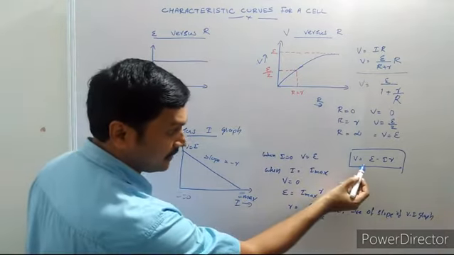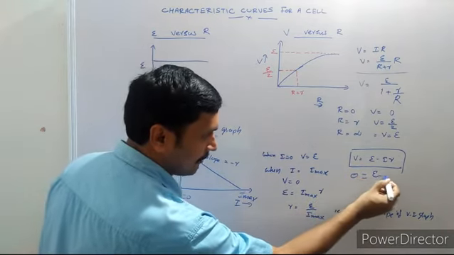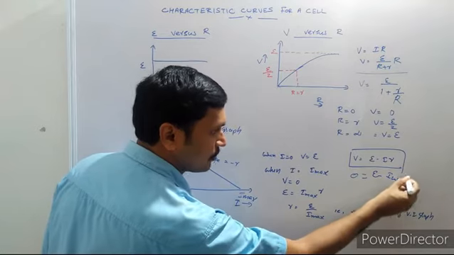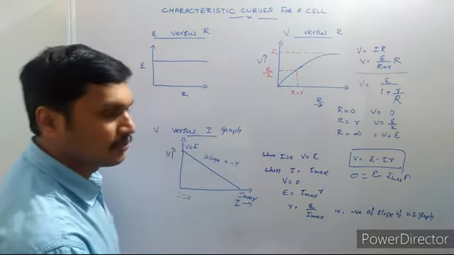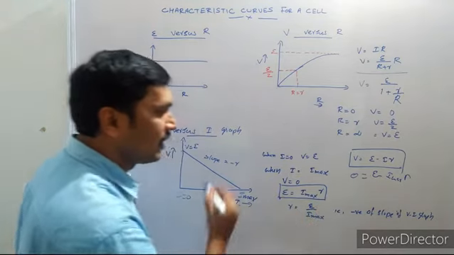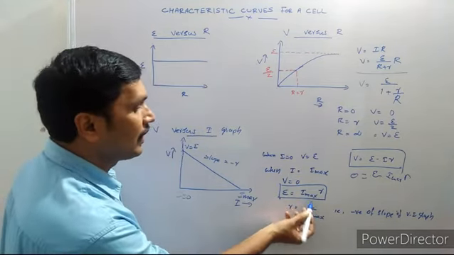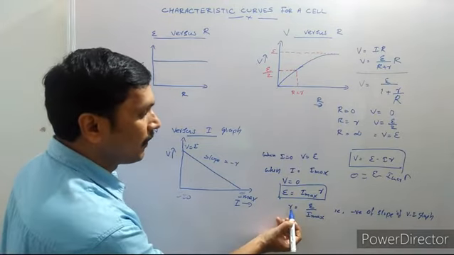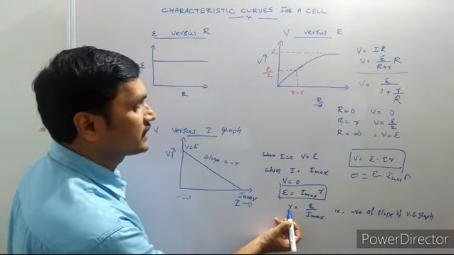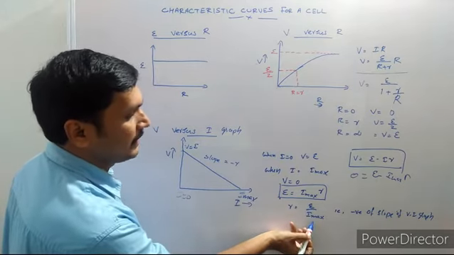So we can rewrite it this way: V equal to 0, so 0 is equal to E minus I maximum into r. So we can write E is equal to I maximum into r, or the internal resistance of the cell r is equal to E by I maximum.